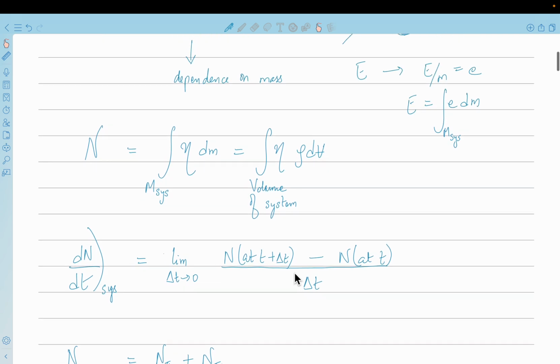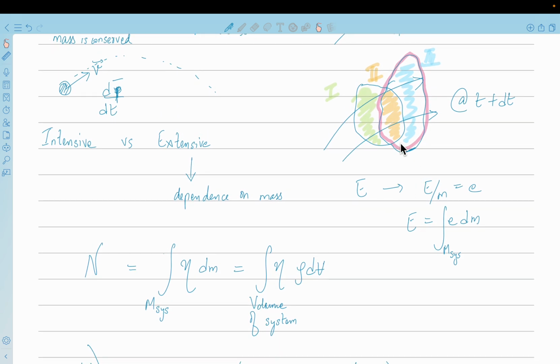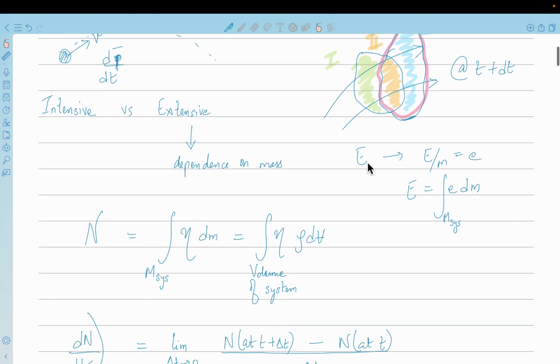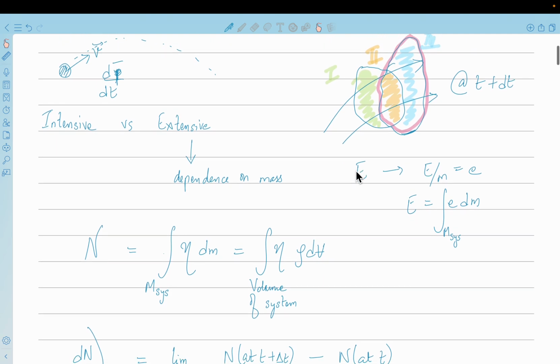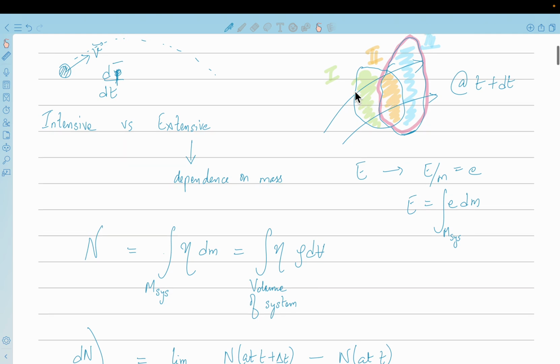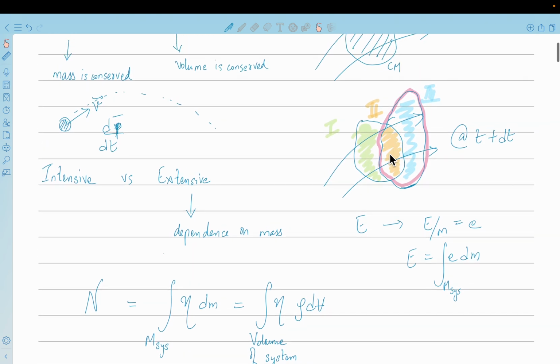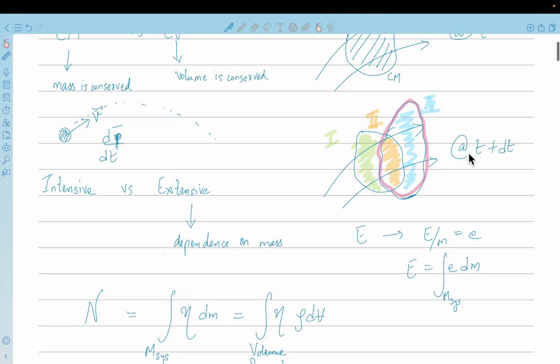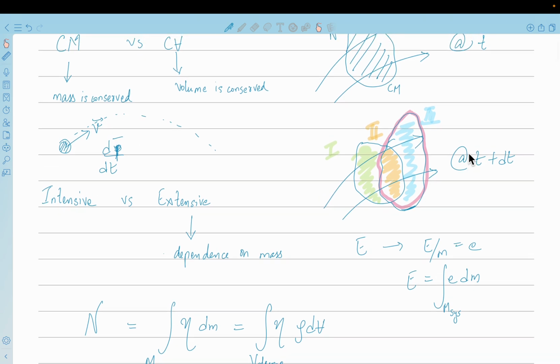Okay. So if this is understood, now what we will say is we are going to consider a control volume. I am going to observe a control volume such that we have regions 1 and 2 which together make up for this N at t, and there are regions 2 and 3 which together make up for t plus dt. So region 2 is the location of the system, and I am going to call this my control volume.